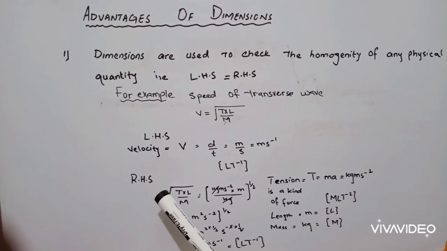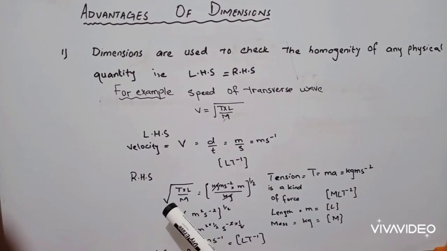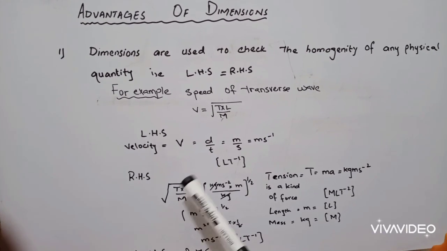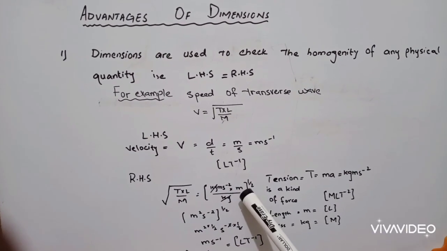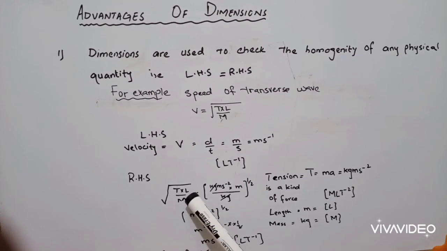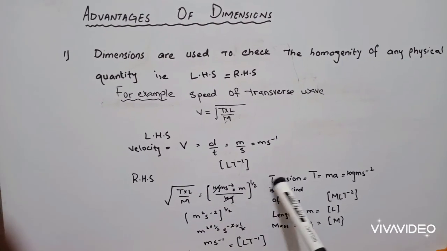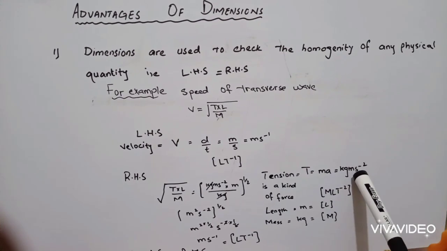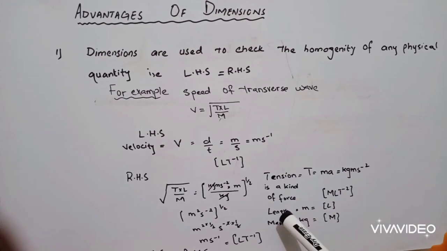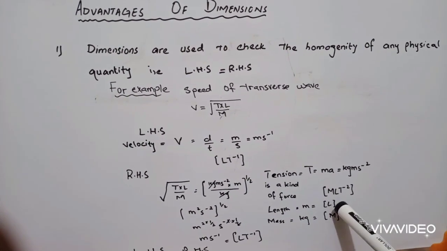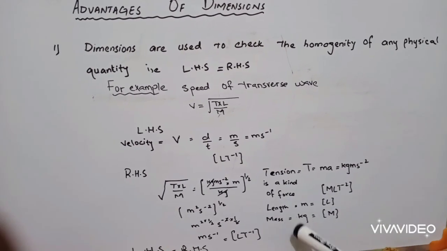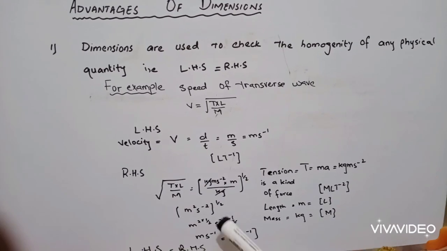Likewise, we have taken the right hand side in which the under root T cross L over m. So under root is split into its power, and the tension is the kind of force which is ma, kilogram meter per second square, its base units. Just we have replaced these base units with their dimensions. Likewise, the length and the mass.